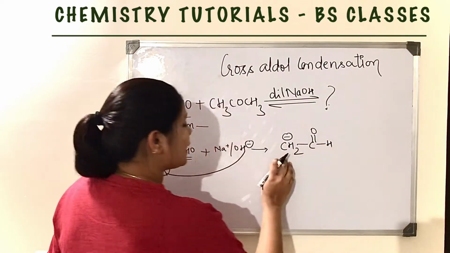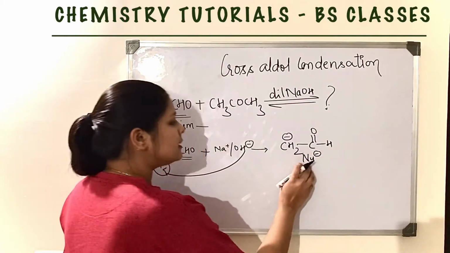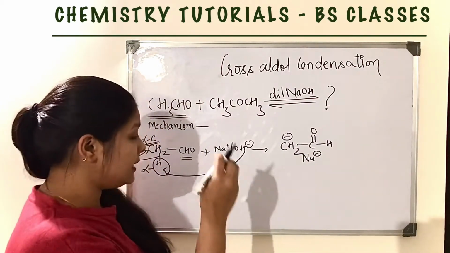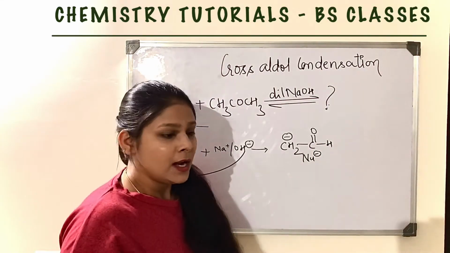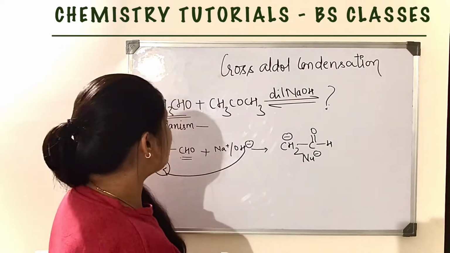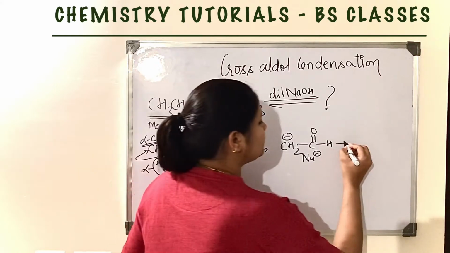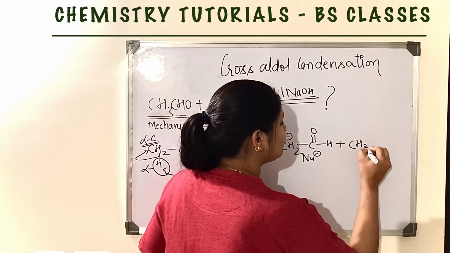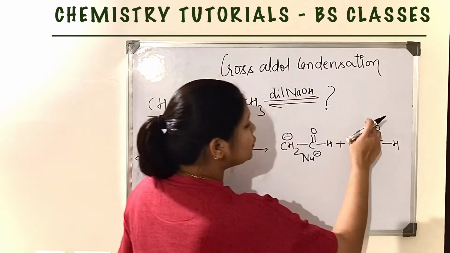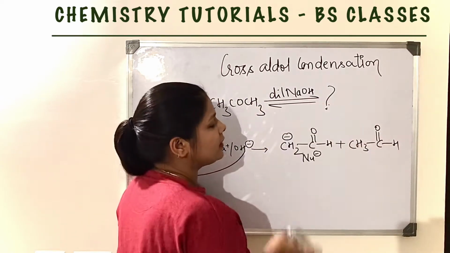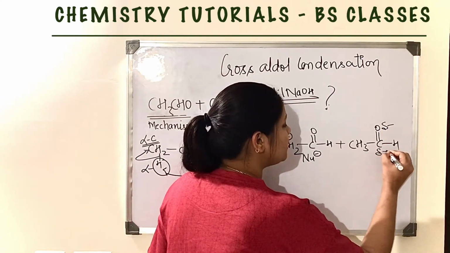this carbanion, and it will act as a nucleophile. If it is a nucleophile, that means it needs to react with an electrophile. Now for the electrophile, we have to take another molecule of this aldehyde. Now due to electronegativity difference, there is a creation of partial negative and partial positive charge.